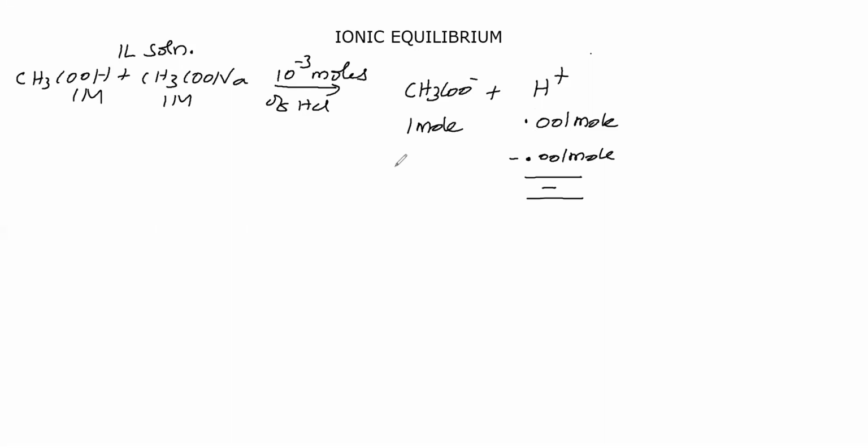So acetate ion takes H plus and becomes acetic acid. How much acetate ion is converted into acetic acid means how much H plus it consumes, that much acetate ion converts into acetic acid. So how much acetate ion is disappearing? This much. How much acetate ion is remaining? This much.